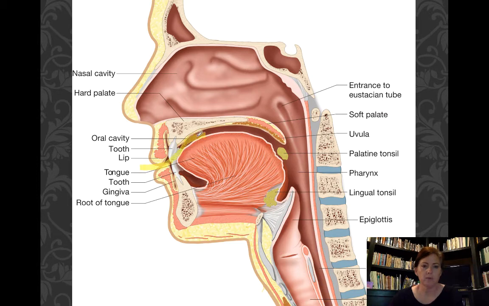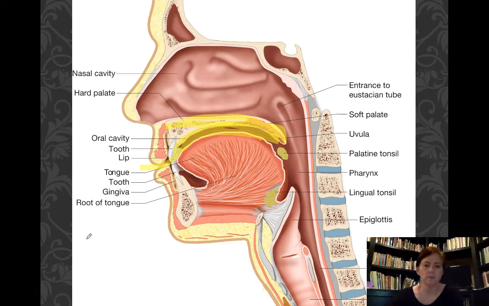In terms of the mouth or oral cavity, this is what we're seeing. This would be the oral cavity represented on this sagittal plane view. Some structures that we have specifically here are going to be the palate, and that's going to form this structure right here. This is going to be the roof of the mouth and the floor of the nasal cavity.